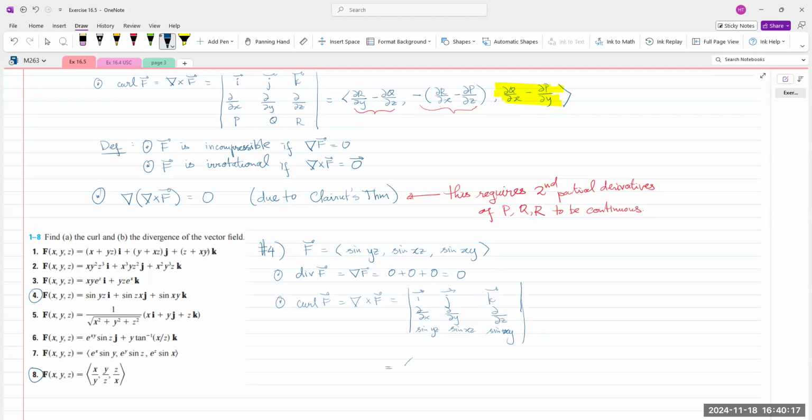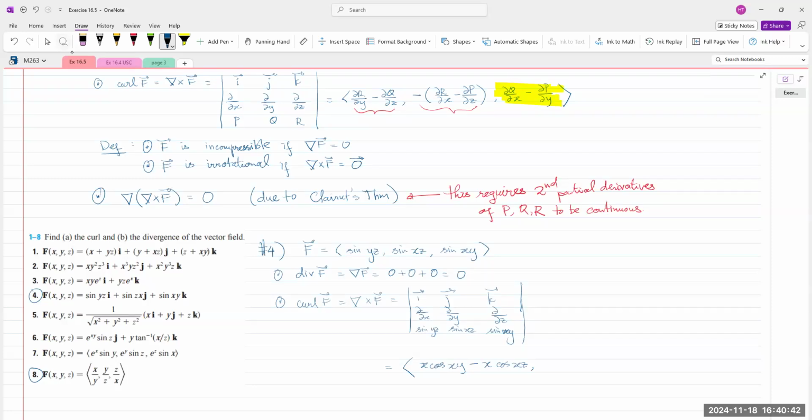And this will be, the first component is, the derivative of sine is cosine, x cosine xy, right? Minus x cosine xz. That's the first component.